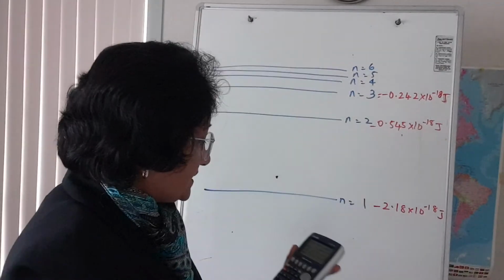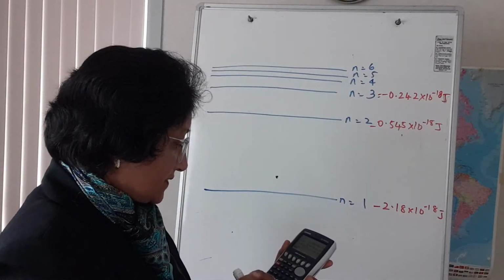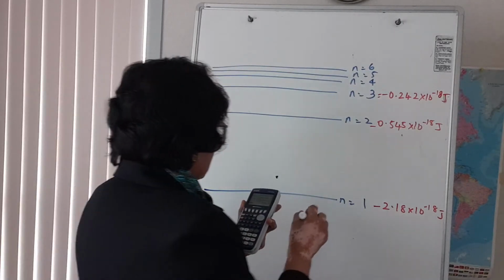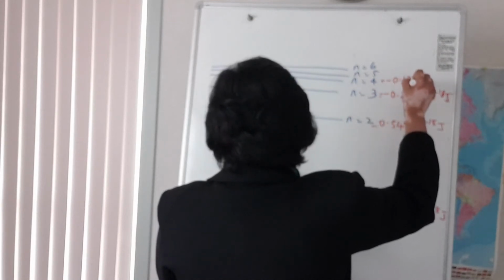And then for energy level 4, I do 2.18 times 10 to the power of negative 18 divided by 4 times 4, 16, and I get negative 0.136 times 10 to the power of negative 18.